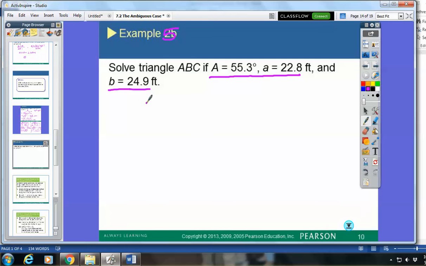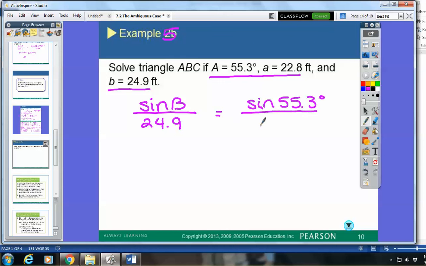B. So I could do sine B over side B equals sine A over side A. Then I have to do sine inverse.